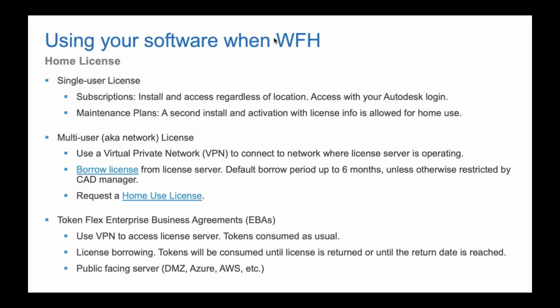If you have a network license, which is officially known as multi-user, there are several options for you. Option number 1 is to use VPN to connect to the network server. The second option is to borrow the license from the license server if your administrator allows it, or you can also request a home use license, and we will drop the link to more information in here as well.